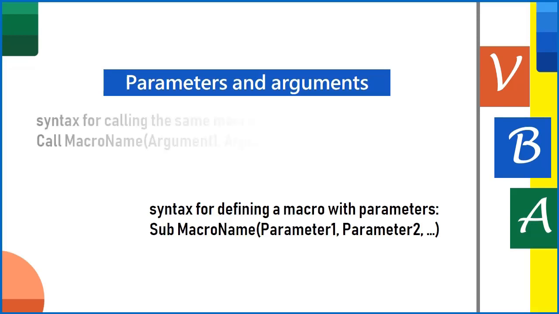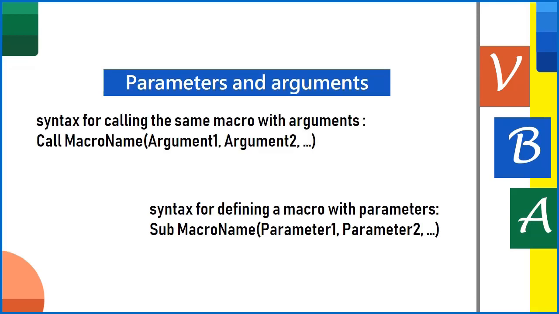And here's the syntax for calling the same macro with arguments. Call macroname, argument 1, argument 2, etc. In this syntax, argument 1, argument 2, etc. are the arguments you pass to the macro. These arguments correspond to the parameters defined in the macroname subroutine.